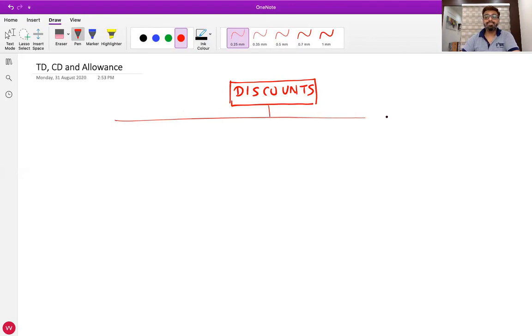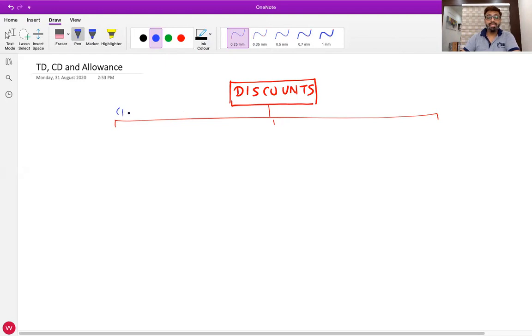One is trade discount, which is written in brief or abbreviated form as TD. Second is cash discount, which is again written in abbreviated form as CD.